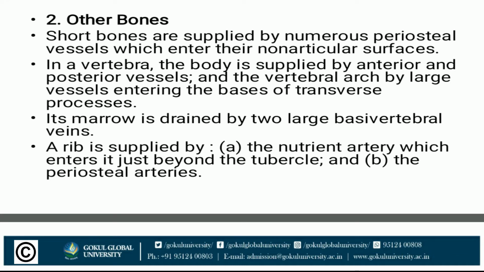Other bones. Supply of the other bones. Short bones are supplied by numerous periosteal vessels which enter their non-articular surface. In vertebra, the body is supplied by anterior and posterior vessels, and the vertebral arch by large vessels entering the base of the transverse process.